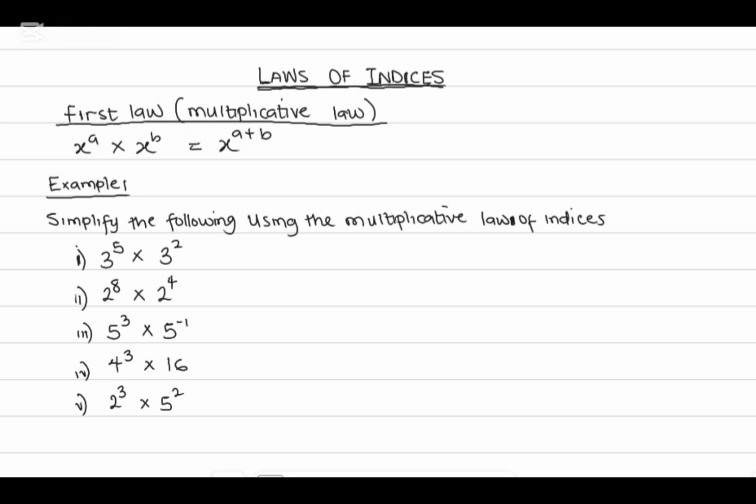And this law is simply saying that if I have, for instance, 5 raised to power 2 multiplied by 5 raised to power 7, you can see something here. These two indices have the same base, and because of that, applying the multiplicative law means to add the power. That's just what the multiplicative law is saying.